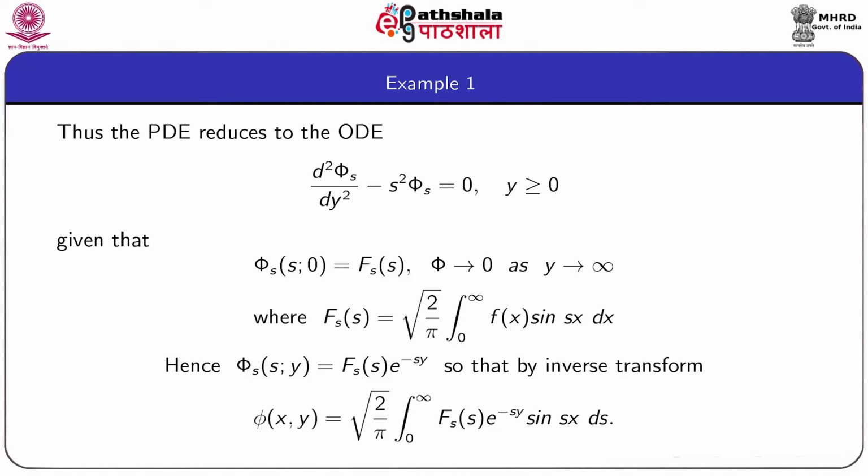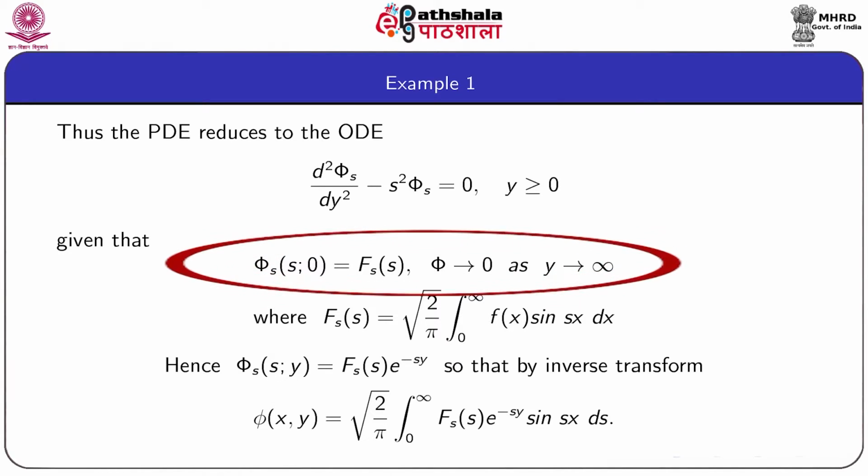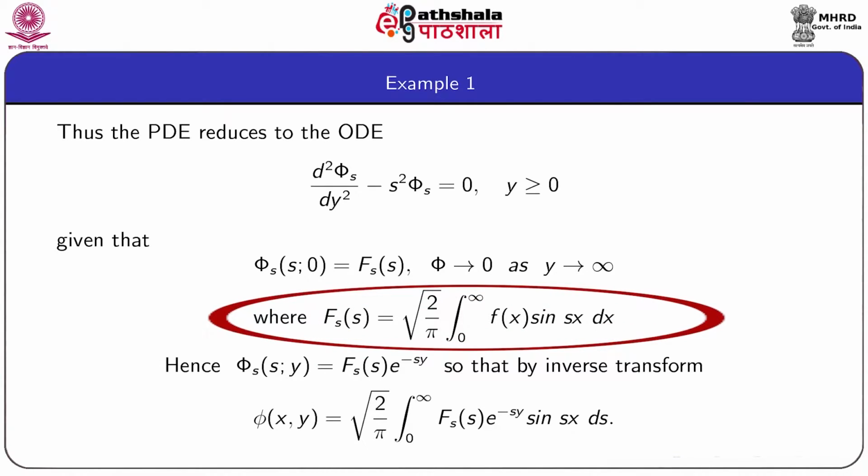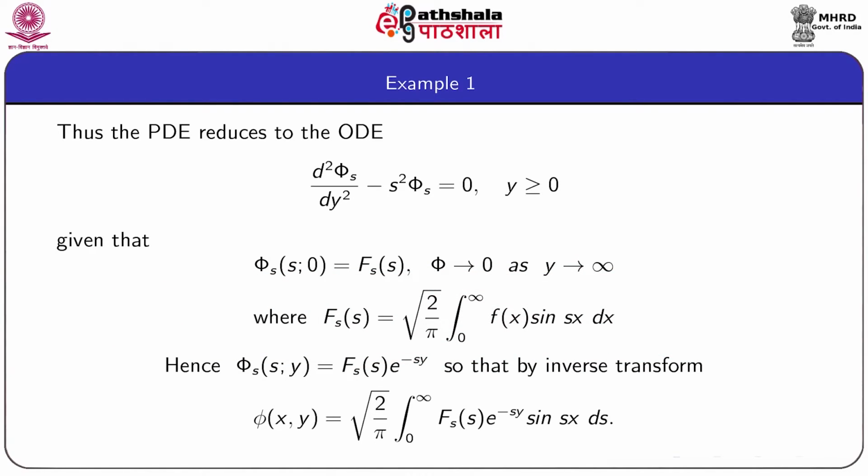Also applying Fourier sine transform to the boundary condition, we find capital phi s at y equal to 0 is equal to capital Fs(s) and capital phi tends to 0 as y tends to infinity. Here capital Fs is the Fourier sine transform of small f(x), which is given by root over 2 by pi integral 0 to infinity small f(x) sine sx dx.